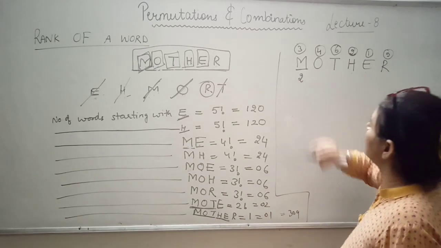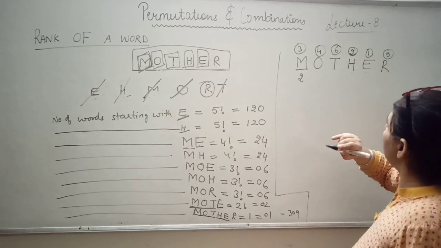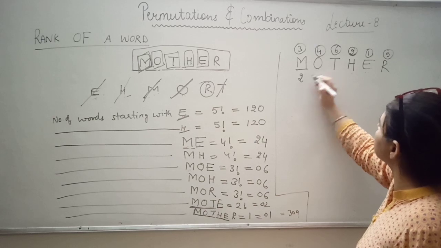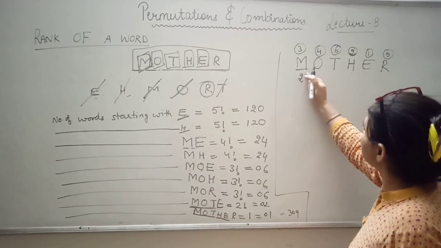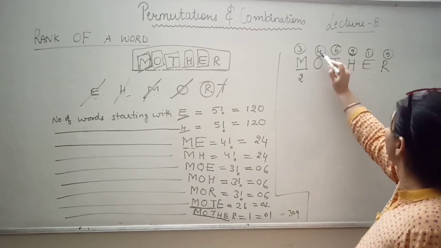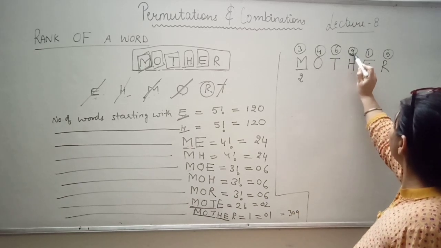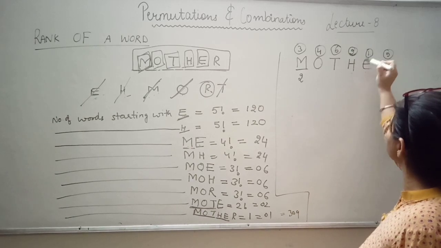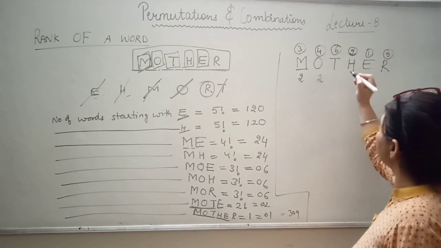Now for this O, the letters at less position, this will be written as 2. This O is at the fourth position, and H is at the second position and E is at the first position, means again 2 letters are here.